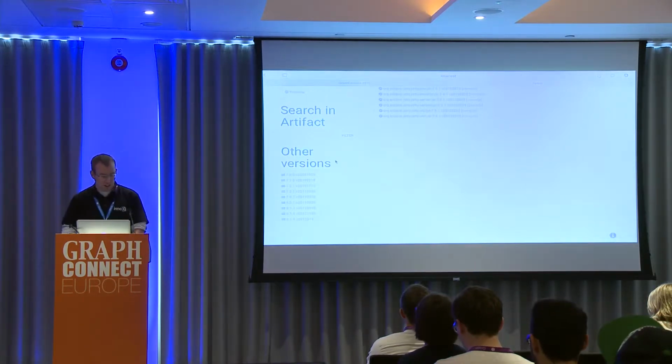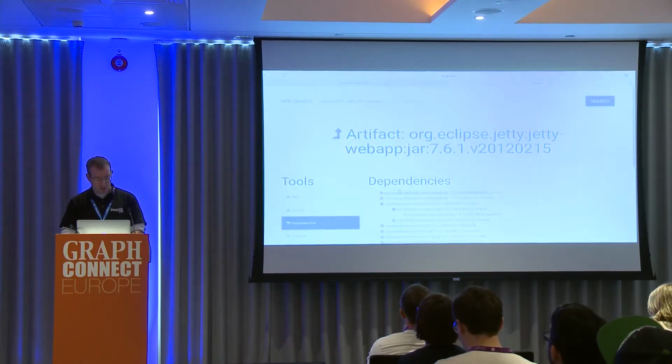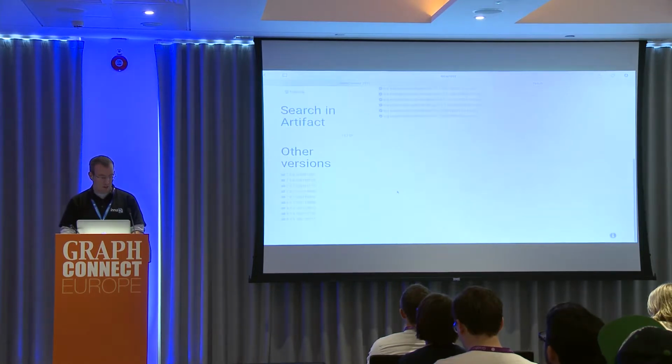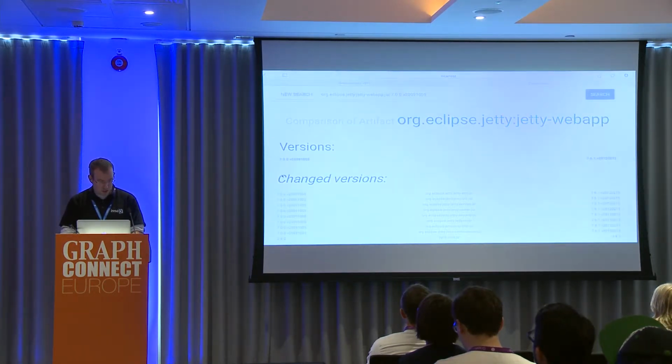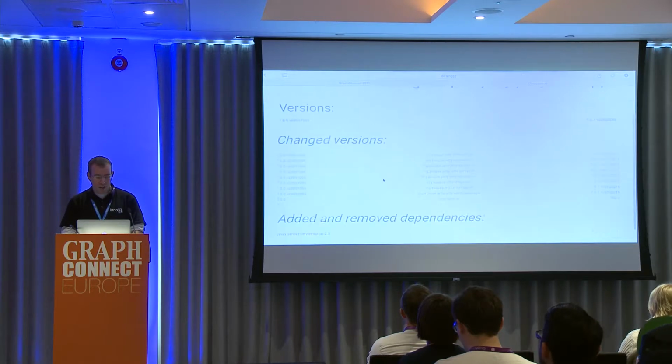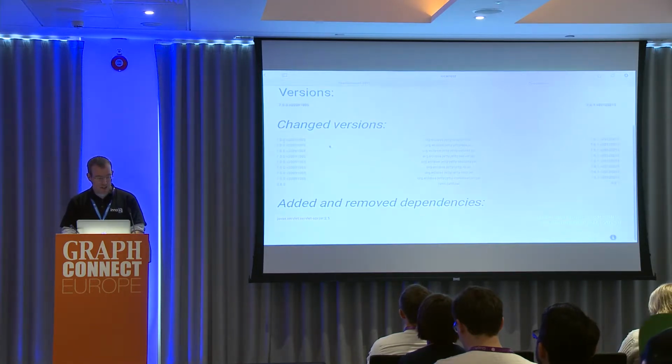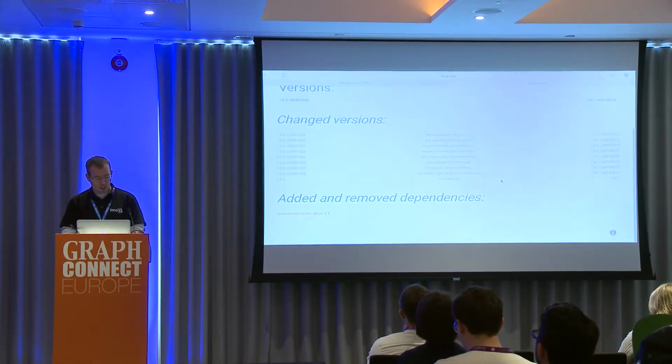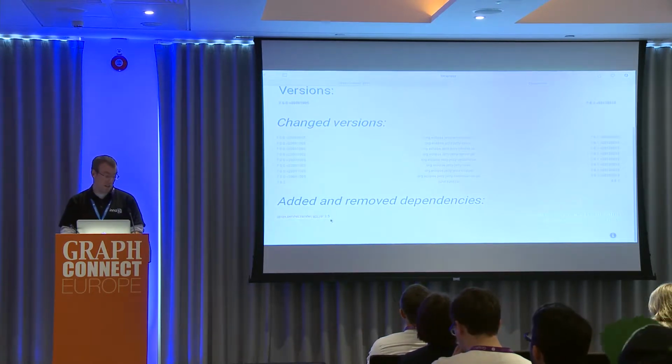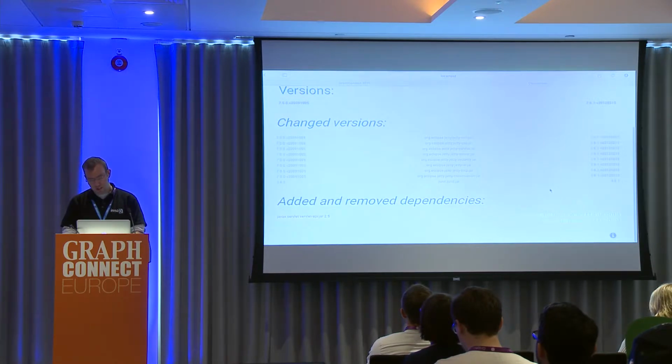And one thing is, I'm now at version 7.6.8, and I would like to have a comparison between version 7 and 8. And you can see some changed versions. These artifacts are gone in this version, and these artifacts are added during this version.